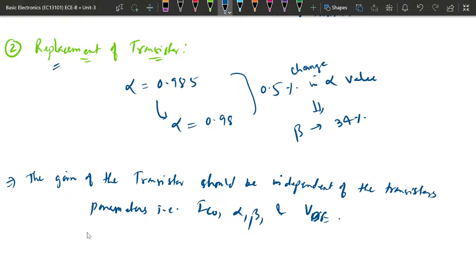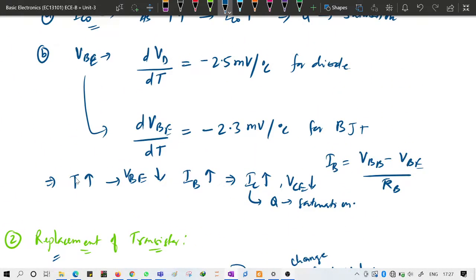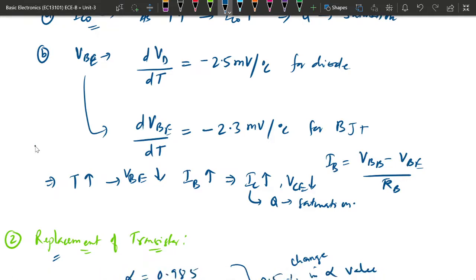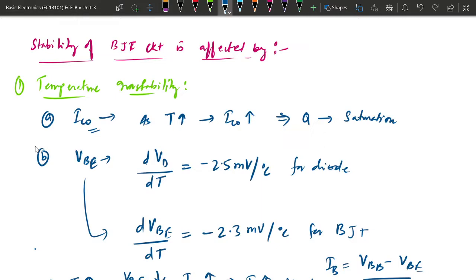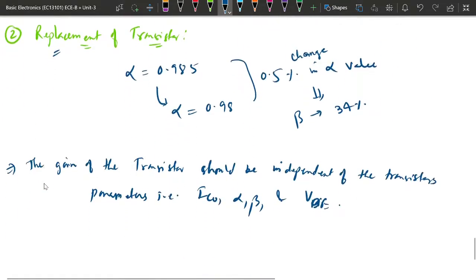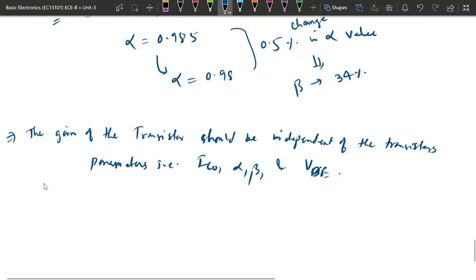As we have seen in the previous slide, the temperature variation is going to affect the ICO and VBE, and also the alpha or beta value is going to change because of the transistor variation.